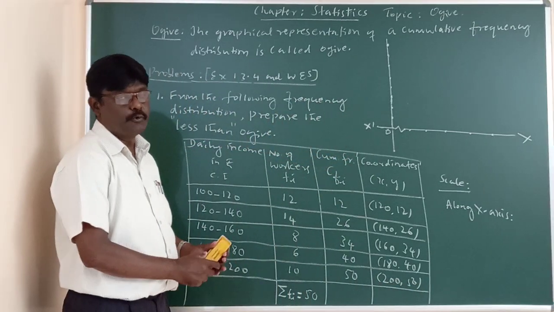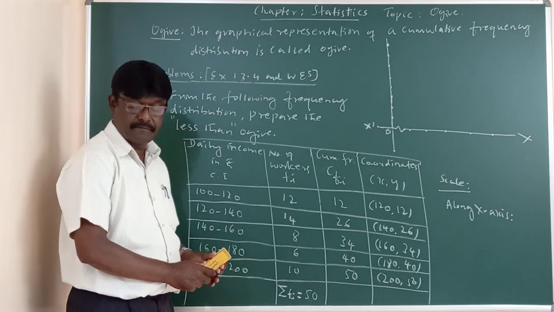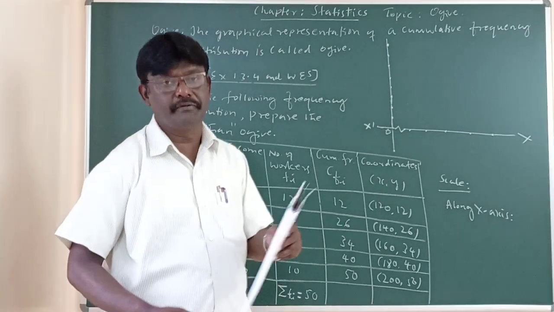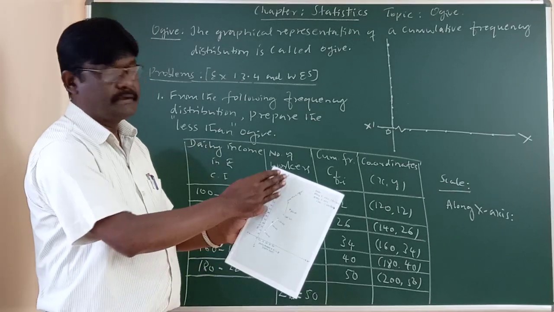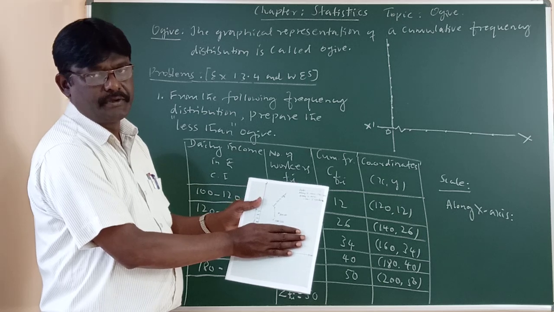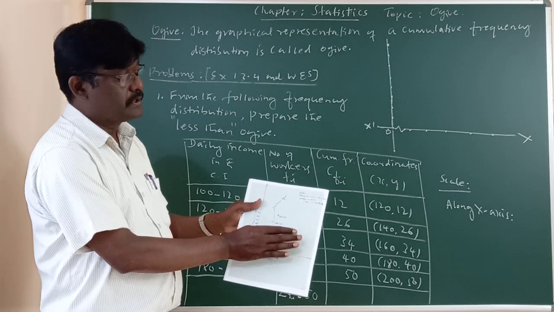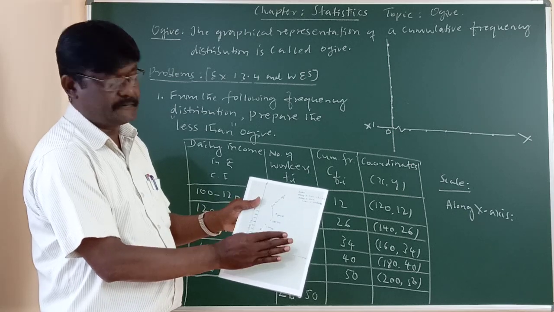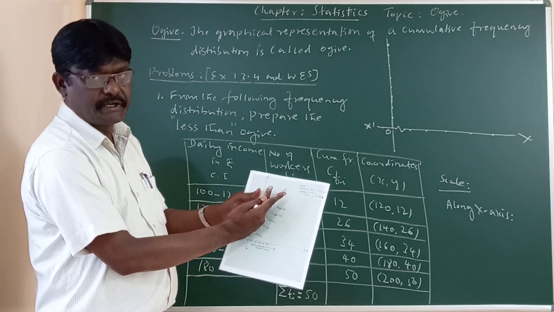Next, how to plot the graph? What we have to do in the graph book is divide the graph sheet into quadrants by drawing the axes, x axis and y axis.